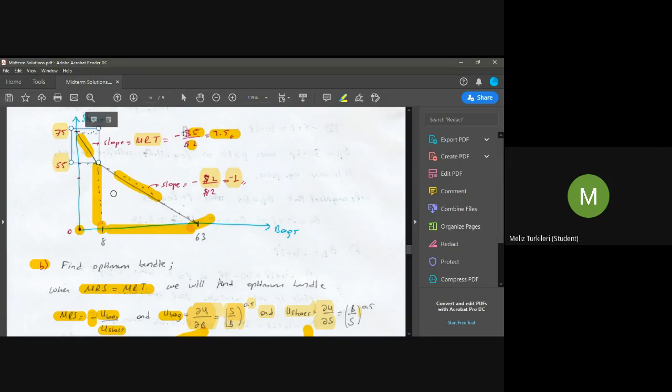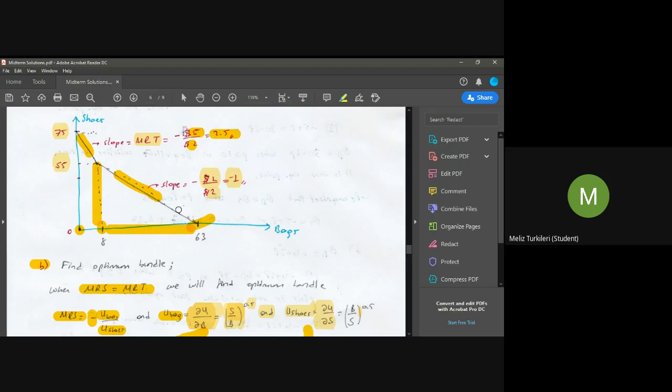For the second part, when the quantity of bags is higher than 8, we know that the price of bags is equal to 2. Since the price of shoes equals 2, if we divide them by each other, we find that the marginal rate of transfer equals 1, which is also the slope of this line.